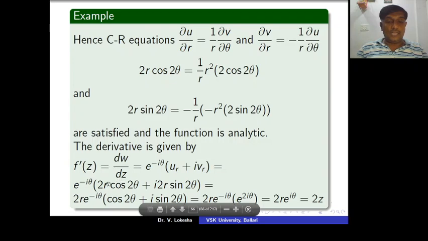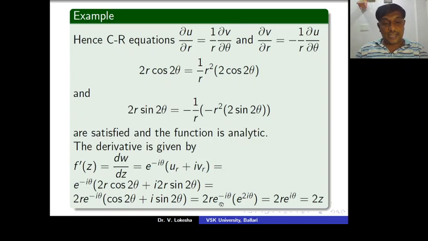Here ur is equal to 2r cos 2 theta, plus vr is 2r sin 2 theta. Here we can take common factor 2r e power minus i theta, that is 2 into r into e power minus i theta, this is e power 2i theta.